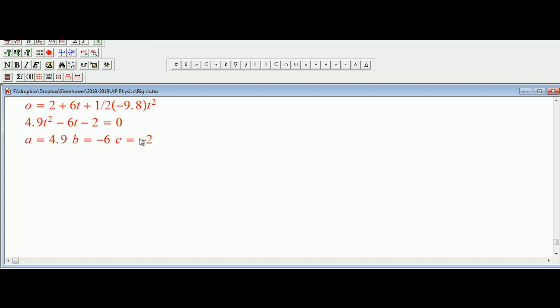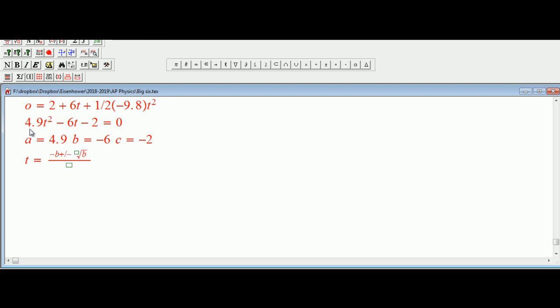So now we're going to insert the quadratic equation, which says, since I'm looking for t, t equals minus b plus or minus the square root of b squared minus 4ac, all over 2a. Let's make the whole thing a fraction.